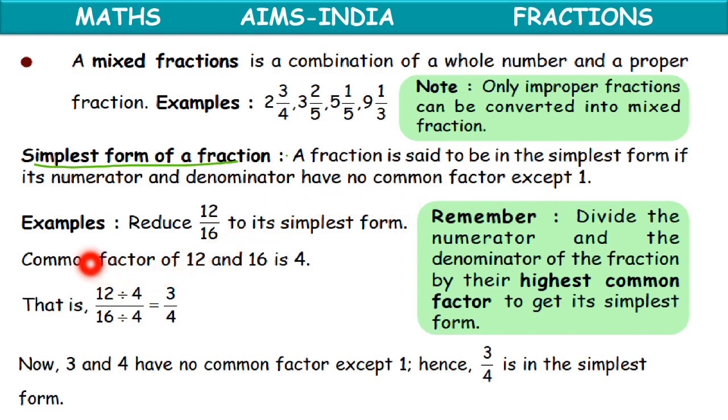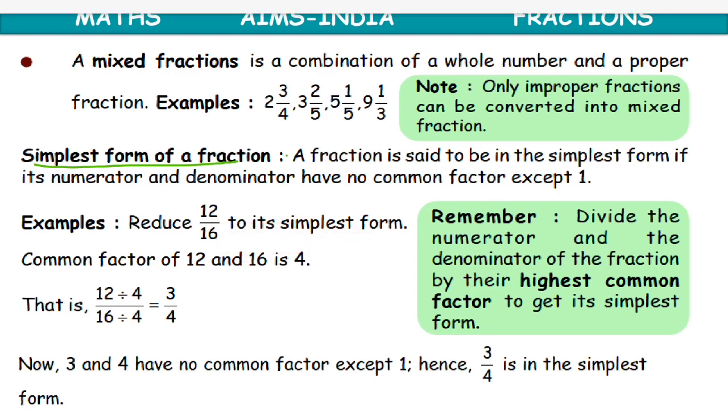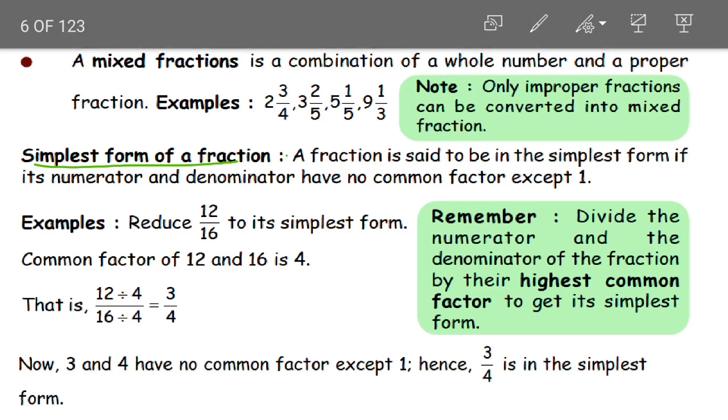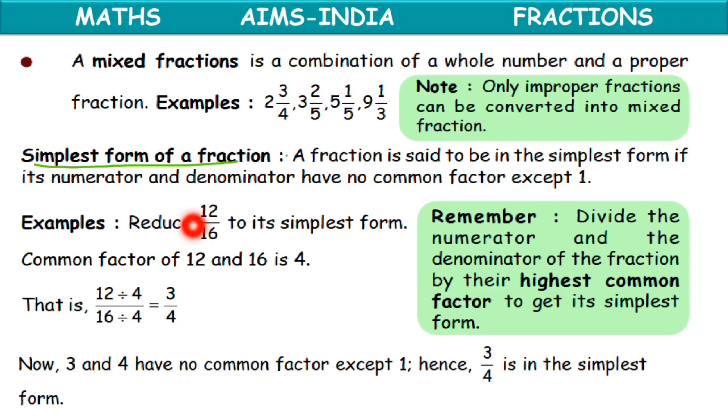Let us look at an example here. Reduce 12 by 16 to its simplest form. What are they asking us? We have the fraction 12 by 16. We need to reduce it to the simplest form.